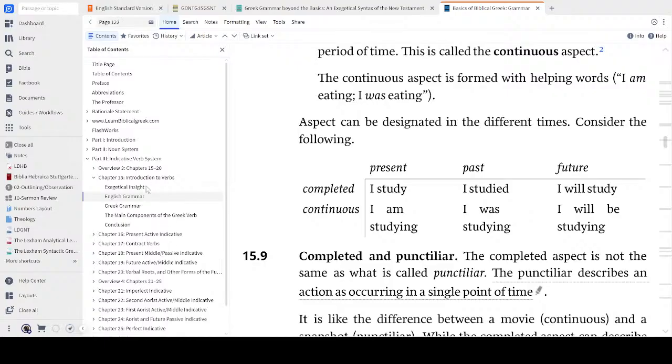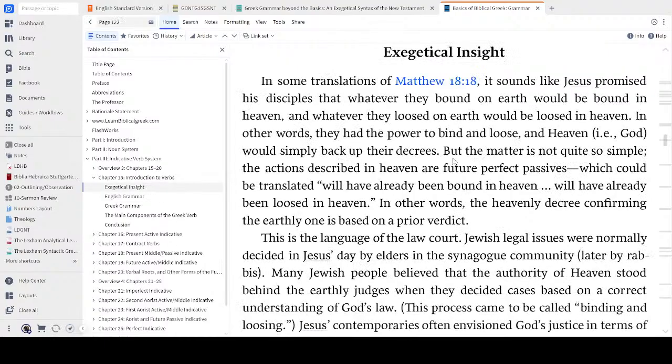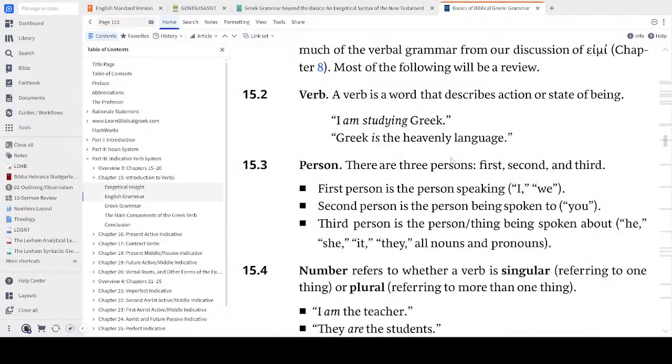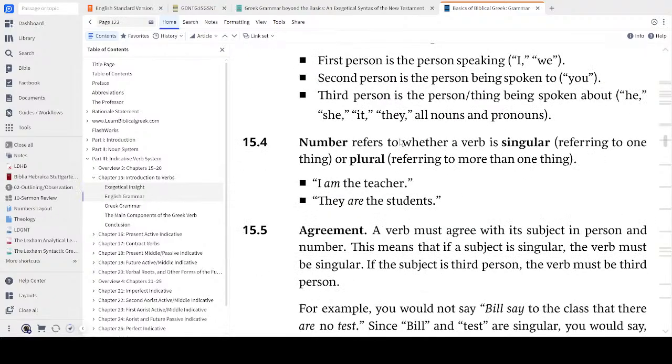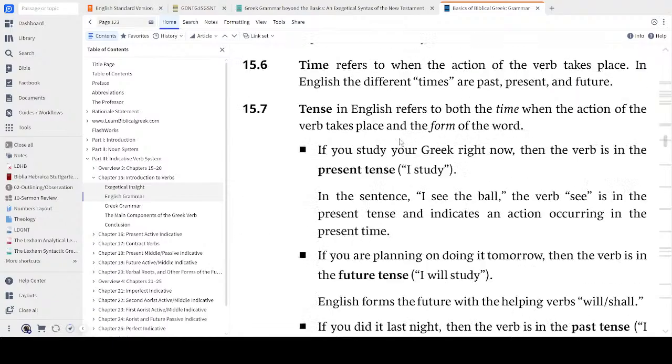But when he gets into an overview of Greek, I want to go down to where he talks about time. Time refers to when an action occurs, and these times are past, present, and future. It's when.